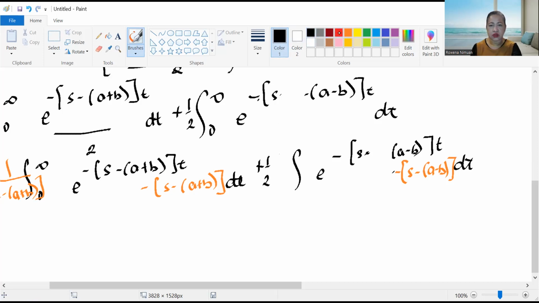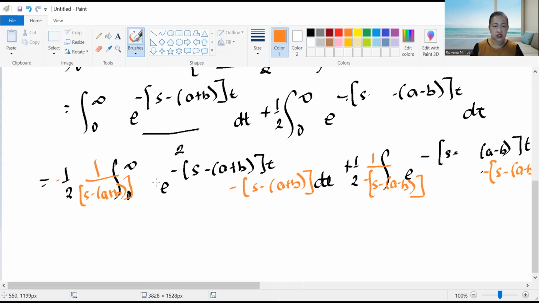I should introduce here 1 over negative s minus a minus b. Okay, so now we have a complete integral function.